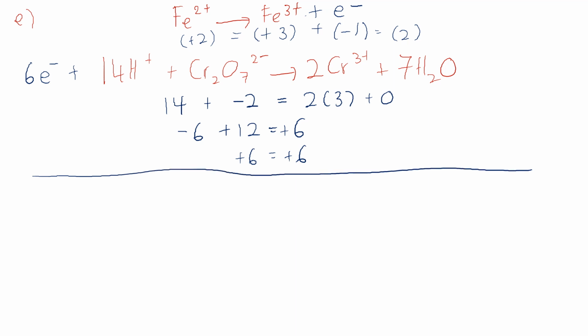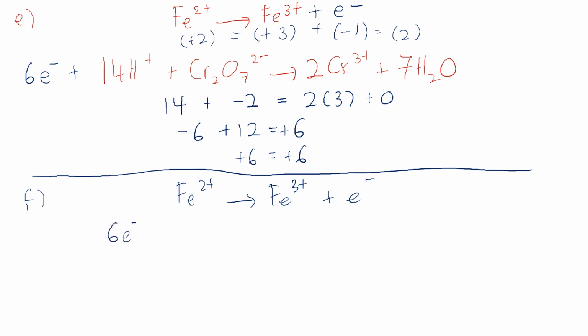Now F. If necessary, equalize the number of electrons in the two half reactions. Fe2 plus produces Fe3 plus plus 1 electron.